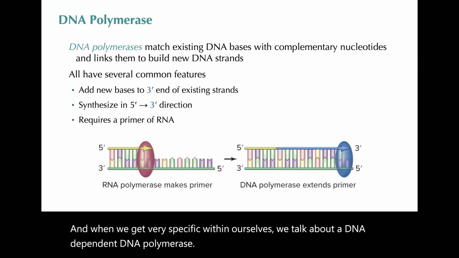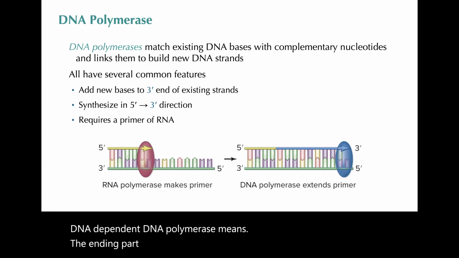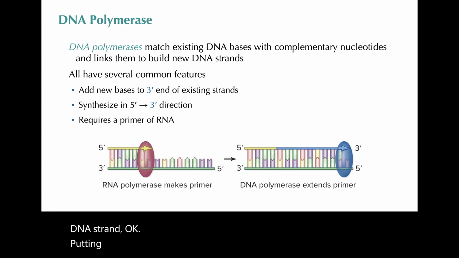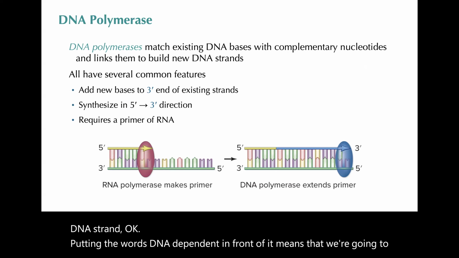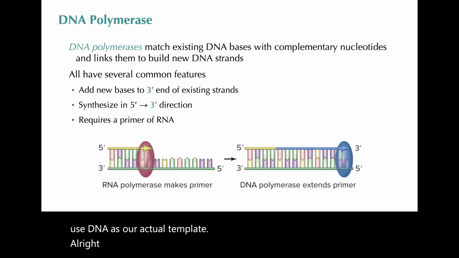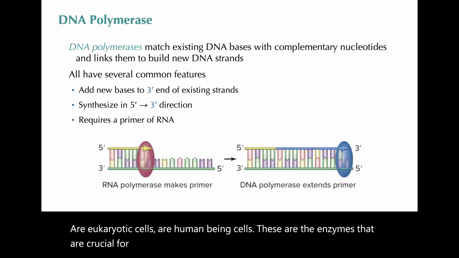DNA-dependent DNA polymerase means the ending part, DNA polymerase, that we're going to synthesize a new DNA strand, okay? Putting the words DNA-dependent in front of it means that we're going to use DNA as our actual template, all right? So when we're using DNA polymerase in our eukaryotic cells, our human cells, these are the enzymes that are crucial for DNA replication.